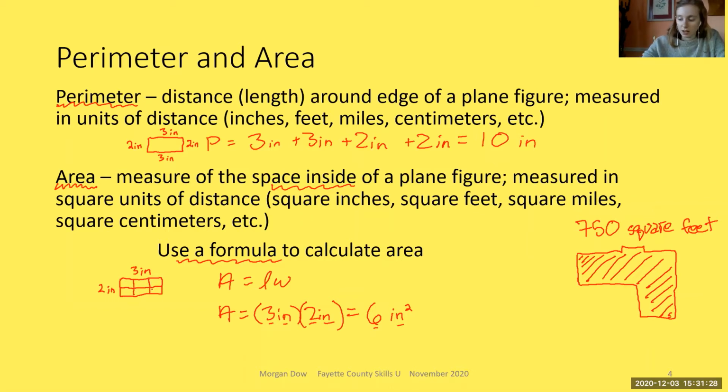If I had drawn this rectangle to scale, I would have gotten 6 individual squares, right? 6 square inches, 6 little squares that are each an inch on every side. And if we count them up here, we can see that there are 1, 2, 3, 4, 5, 6 square inches on the inside of this rectangle.